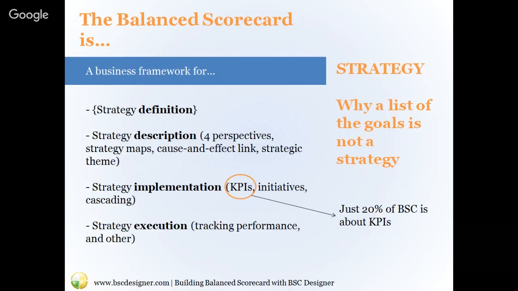And what is a Balanced Scorecard in this case? Talking about the Balanced Scorecard, I think we can say that in some cases it's about strategy definition. Why? Because it helps us a little bit to focus our thinking in a specific way. It helps us to come up with some hypotheses that we'll later be working with.